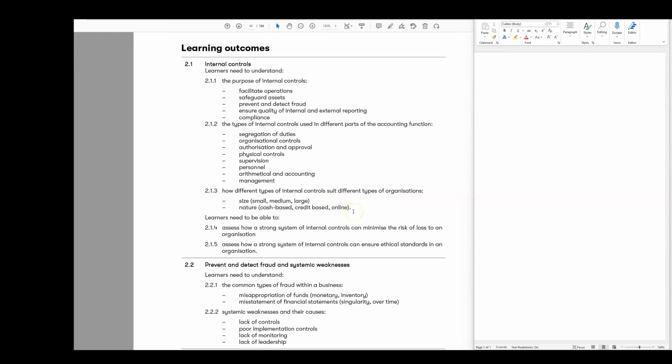How different types of internal control suit different types of organization. So we have different sizes of business, for example small, medium and large, and the nature may be cash based, credit based or online. So different sorts of business can have different sorts of internal control. For example, if there is a retail business, maybe the credit customer amount will not be that high because everyone buys from a superstore or from retail and maybe they pay immediately.